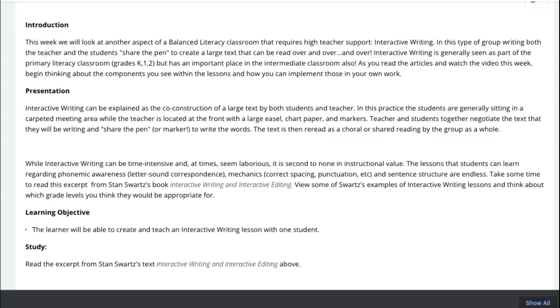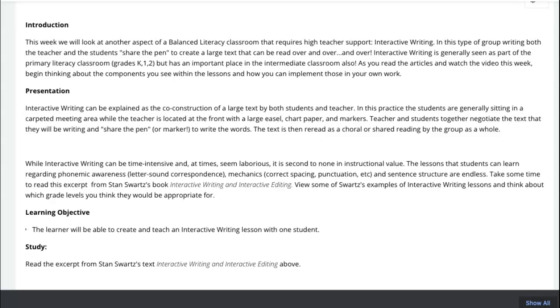The second element is talking to establish a purpose for writing. Establishing purpose is an important part of the learning process in interactive writing. This helps young children learn that writing serves many different functions.